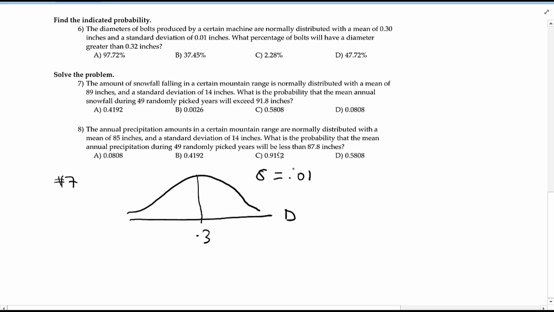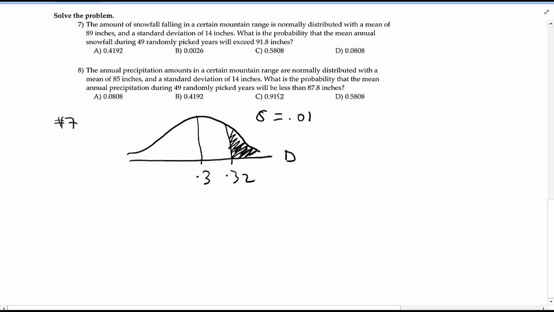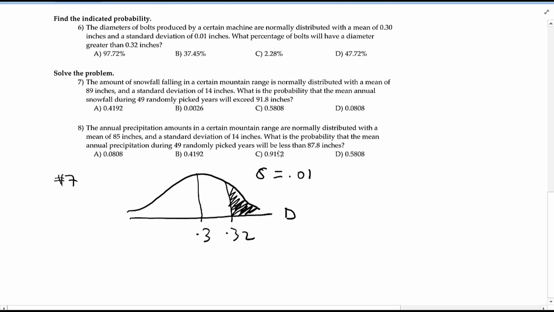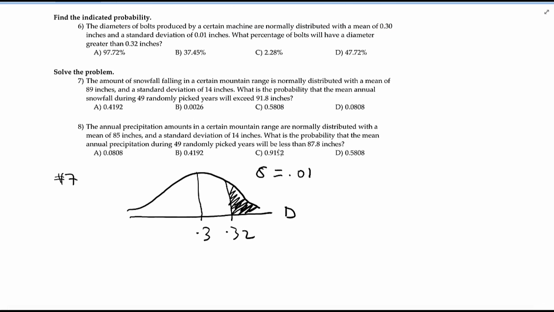And then we want to know what percentage of the data, in this case the balls, will have a diameter greater than 0.32, so we're looking for this area. So again, remember, to do this problem, what we do is, oh no, we're doing problem number 6, I'm sorry, problem 6.